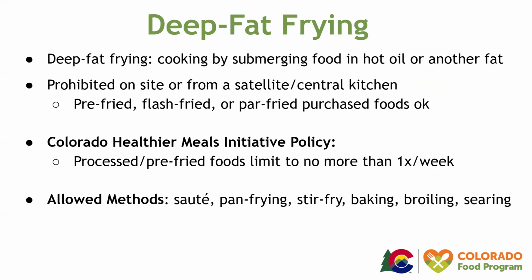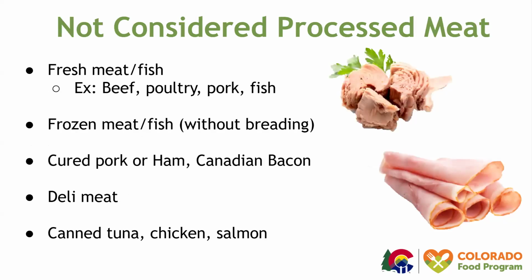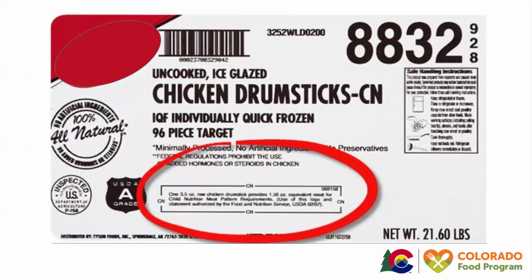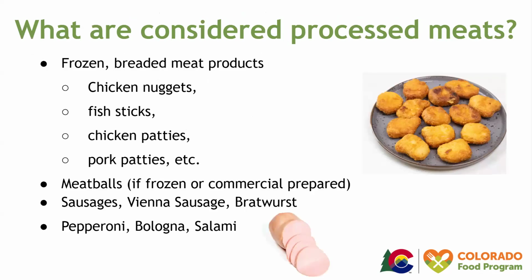All right. Amy, yes. Why is it that deli meats aren't considered processed? Because when I see the phrase deli meat, I think of pastrami, salami. Yeah, so some of those are. Your pepperonis, bolognas, and salamis are considered processed meats because those are the ones that typically have the binders in them.